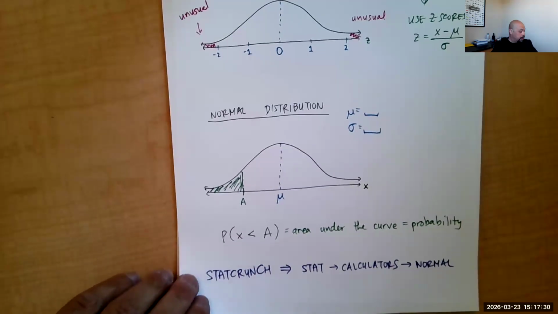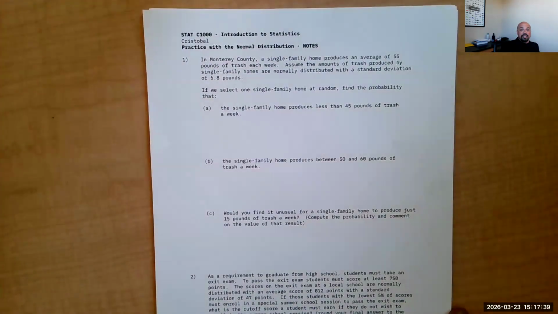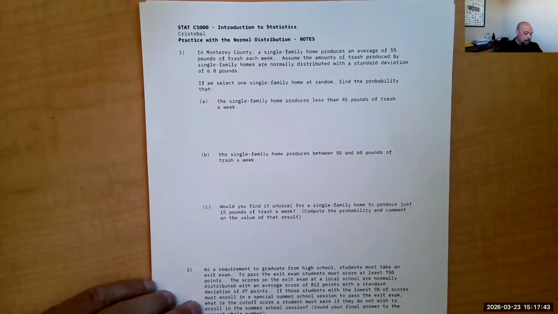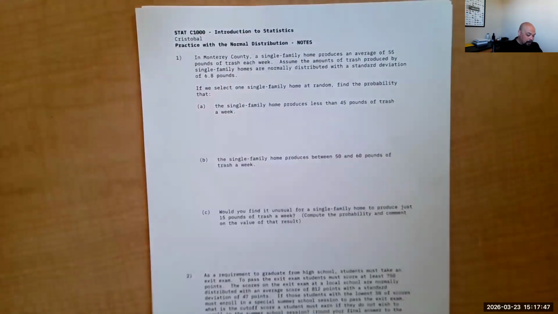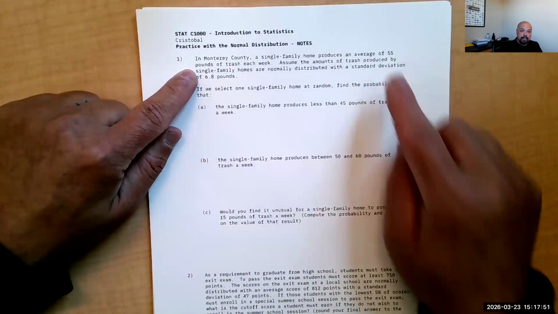Now moving forward, we're going to start to see these slightly longer word problems, and we organize our information so that we have values we can then use to compute. Looking at this first example: in Monterey County, a single family home produces an average of 55 pounds of trash each week.